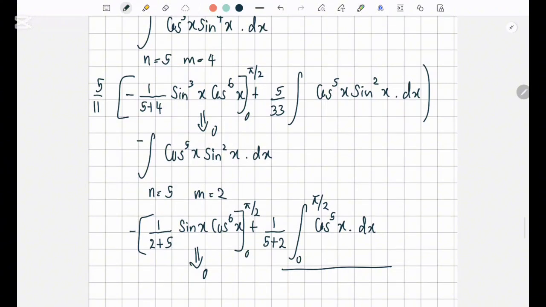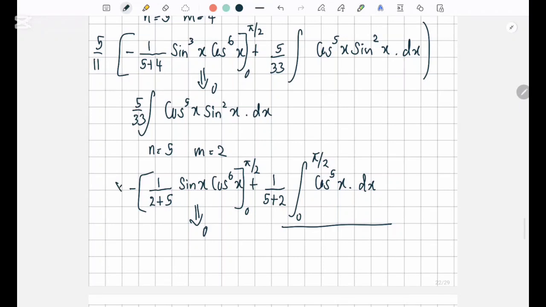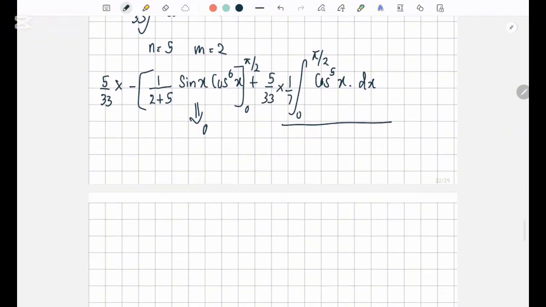Now then 5 over 33 comes over here, and then you multiply this by 5 over 33, and this becomes 5 over 33 into 1 over 7. So that is, check, 5 over 33 into 1 over 7, which is 5 over 231. So 5 over 231 into the integration of 0 to pi over 2 cos x to the power 5. This is what you need.